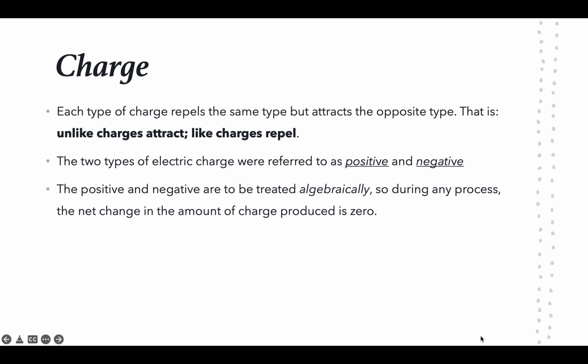During any process, the net change in the amount of charge would be zero. So electrons lost by one object would be gained by another object, and the total number of electrons between the two objects will remain constant. So no real change in charge would happen.